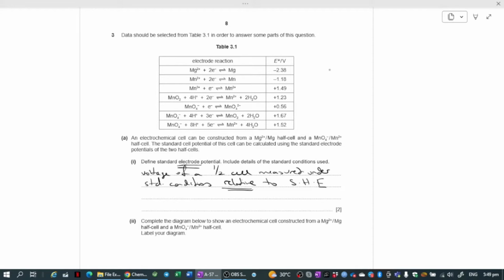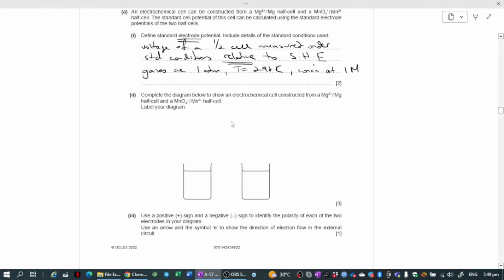And what do we mean by standard conditions? It means that gases are at 1 atmosphere. The temperature is 298 Kelvin, and all concentrations of solutions are at 1 molar, which is 1 mole per cubic decimeter. Right?